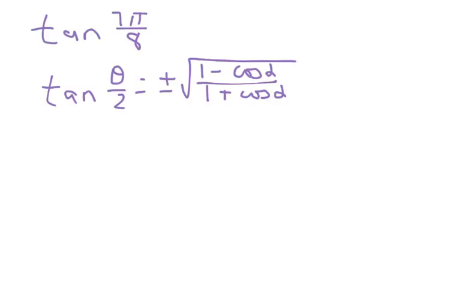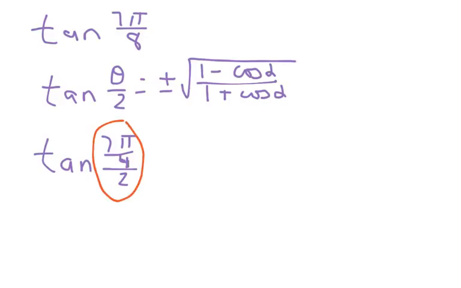Now, I'm going to write this as tan of 7 pi over 4 divided by 2. The main reason I did that is because when you divide these two, you just multiply the 2 and the 4, and you get 8. So my theta is 7 pi over 4, which happens to be in quadrant 4.